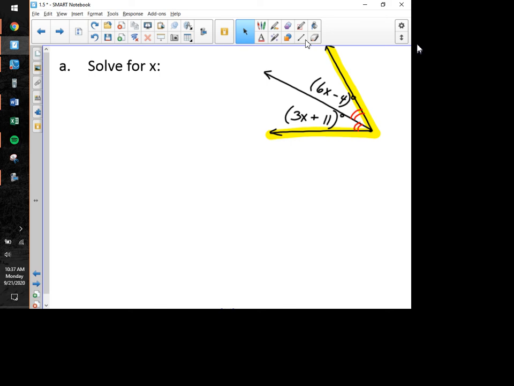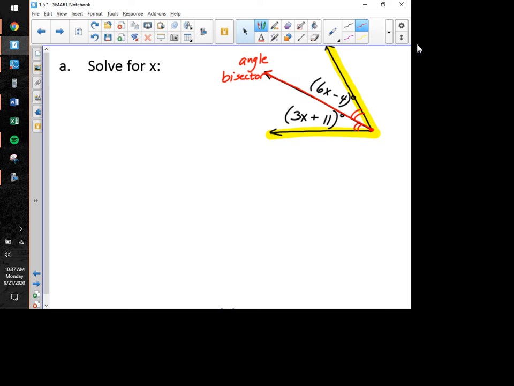However, they didn't do that, but they did give you something else that's really important, and that's the red tick marks. The red tick marks tell us that these 2 angles, the small angles, are congruent, and that this ray right here in the middle is an angle bisector of the larger angle within this figure.